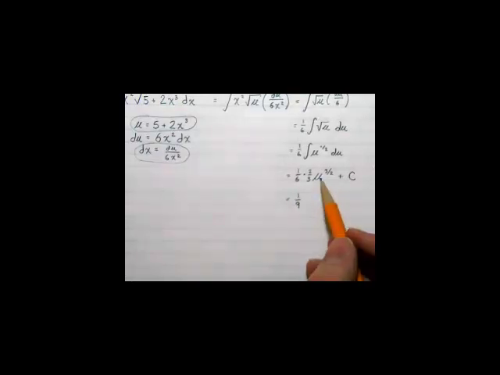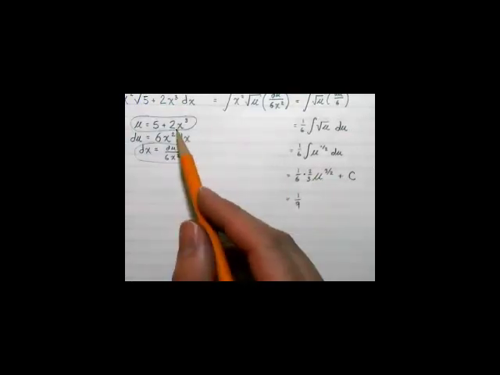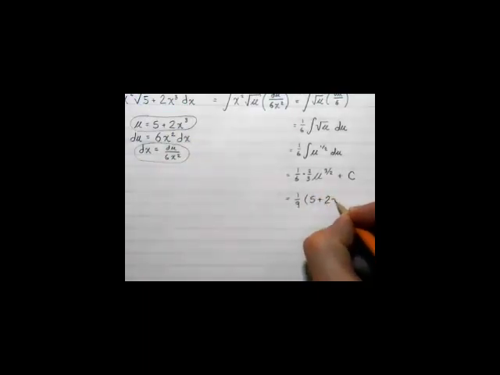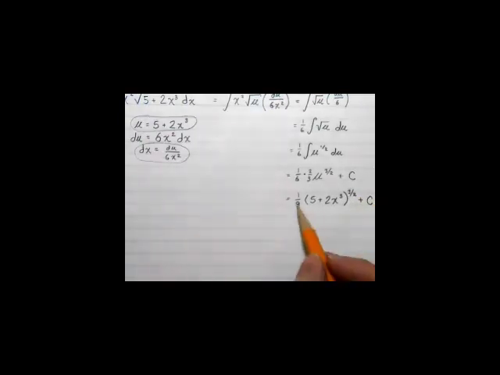And now I can take my u, do some back substitution, put that in there. Okay, 1/9, 5 plus 2x to the third, to the 3/2 plus c. That's the antiderivative.